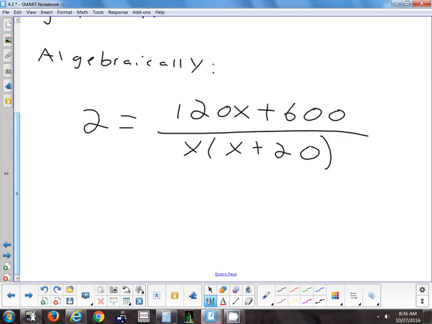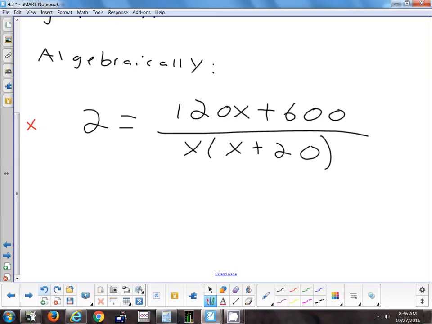I mean, one way to think of it is as a proportion. I wasn't really thinking of it that way. Or because the denominator in that proportion would really just be a 1, you only really need to do half of what you would do if this wasn't a 1 in the denominator. Yep. Could you multiply both sides by the denominator? Yeah, you really just need to multiply both sides by x plus 20.